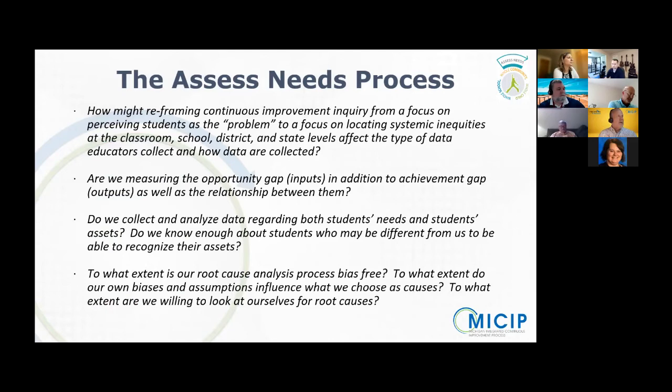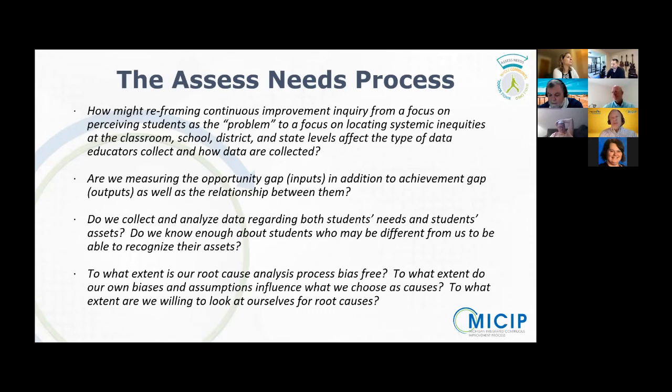As we're thinking about assess needs, how might reframing that inquiry process, from focusing on the students as the problem, looking at it as student needs and they're the issue, to really focusing on systemic inequities, whether at the classroom, the school, the district, or the state levels, and looking at it from a systems perspective and potentially systems barriers, affect the kind of data that we collect and how it's collected?